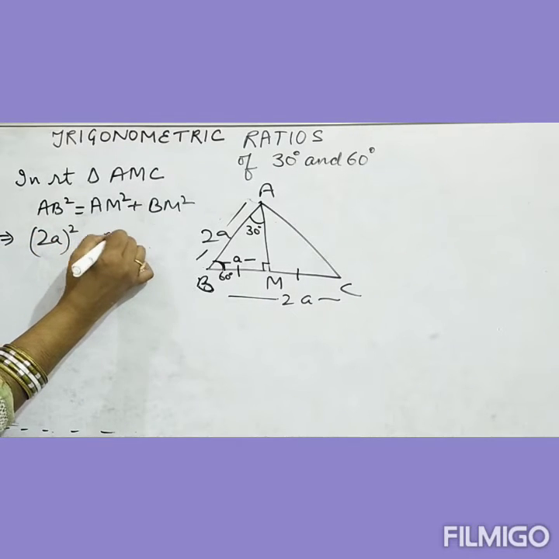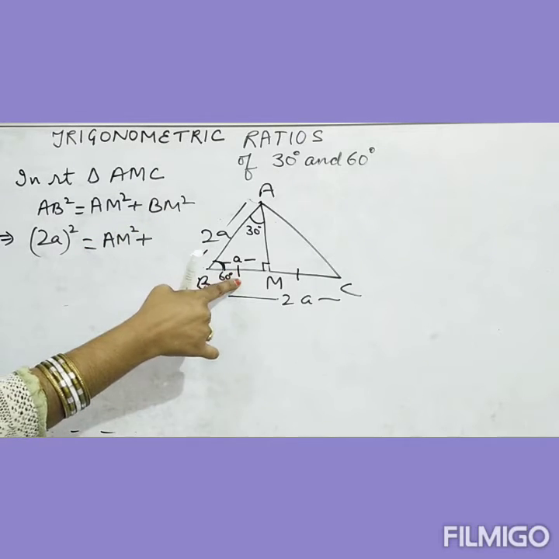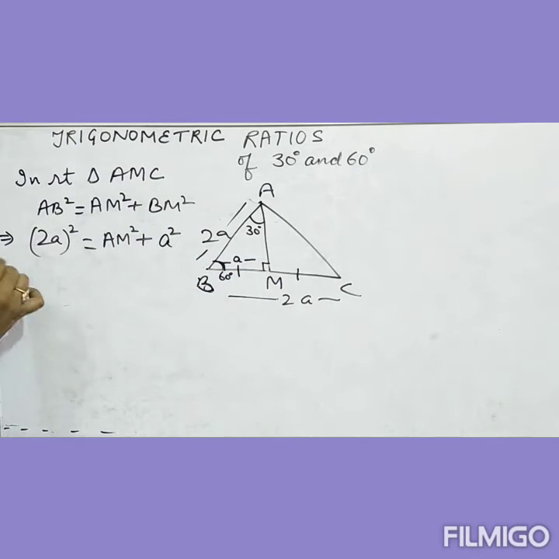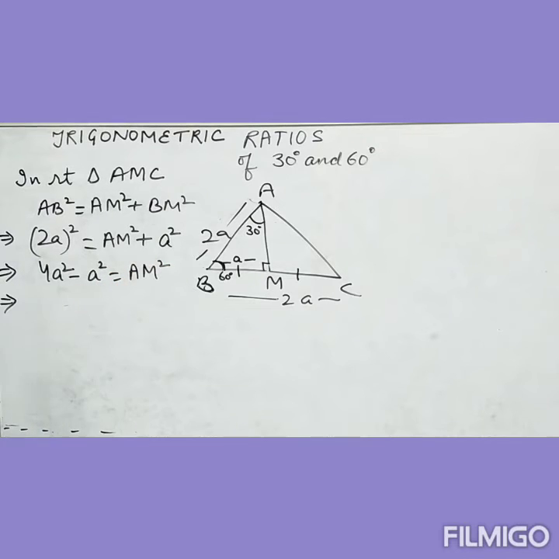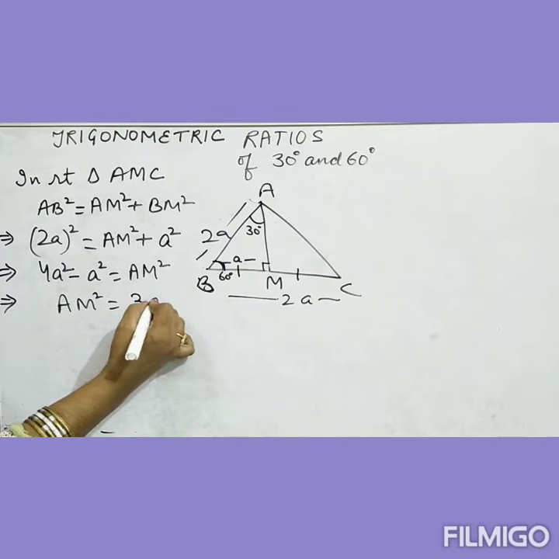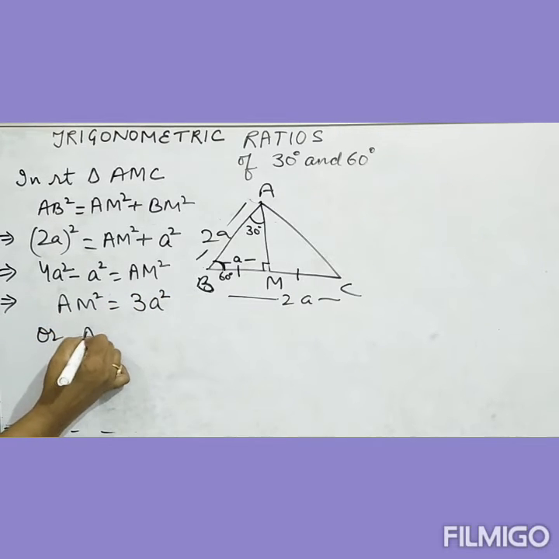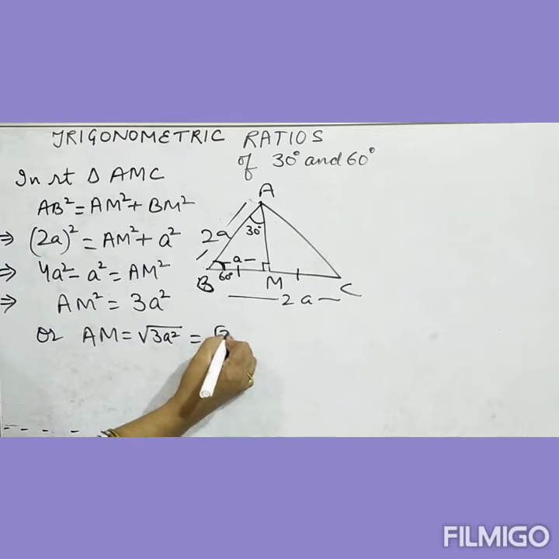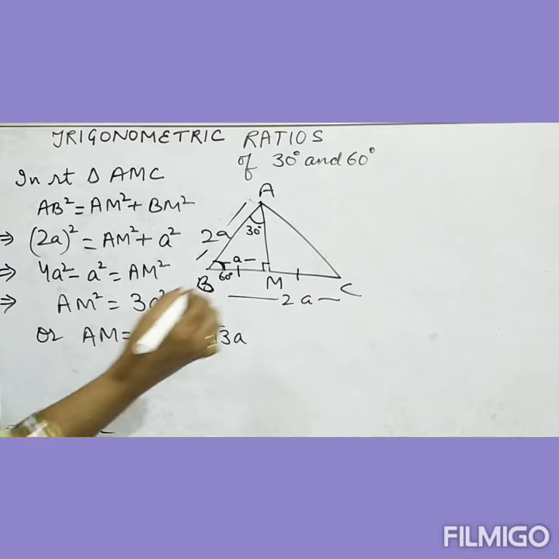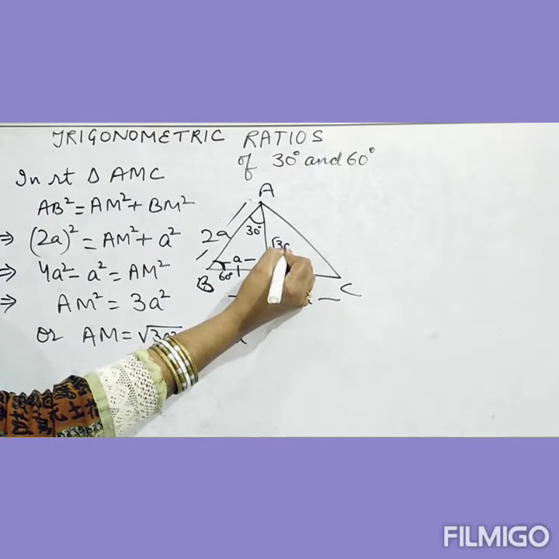We have to find out the value of AM square. BM is A, so it will be A square. Open up the bracket, I'll get 4A square. Take this A square on the left hand side, this will be minus A square equal to AM square. And finally, I'll get the value of AM square as 3A square, or AM is root 3A square, that is root 3 A. Now I have the value of AM also, that is root 3 A.